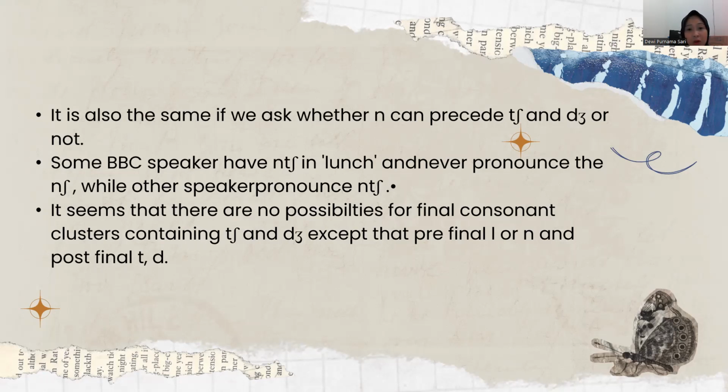Some BBC speakers say lunch and never pronounce the ch, while other speakers pronounce ch. So it seems that there are no possibilities for final consonant clusters containing ch and j except pre-final l or n and post-final t and d.